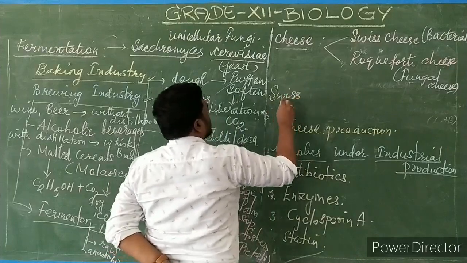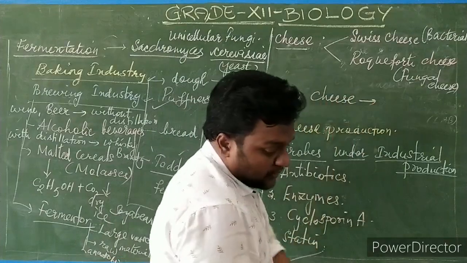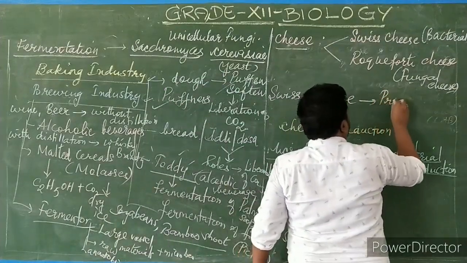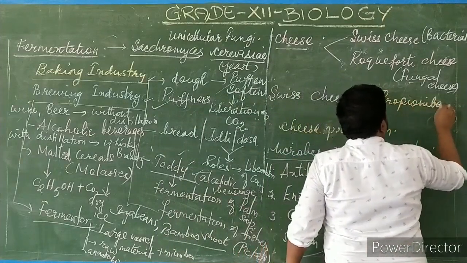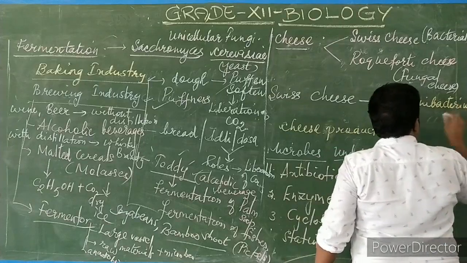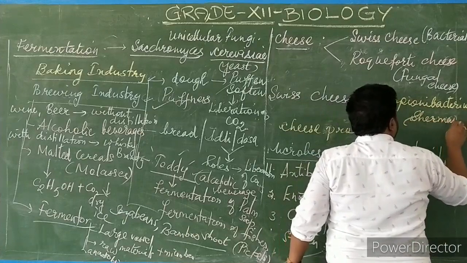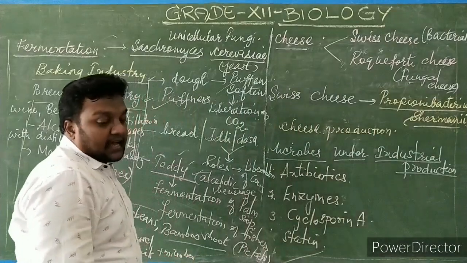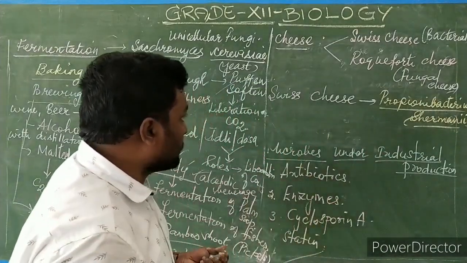Very important one more. The Swiss cheese is obtained from bacteria. What is the bacteria called? Propionibacterium shermani. And the next one we have is Roquefort cheese.